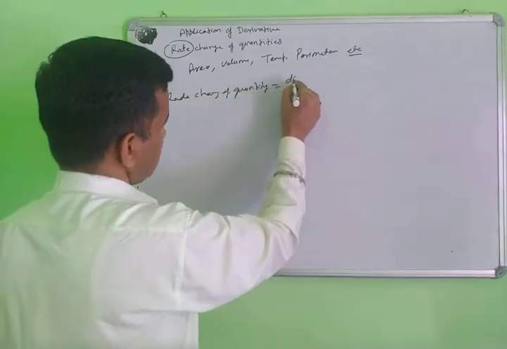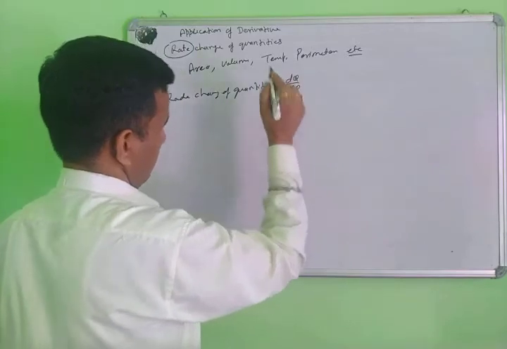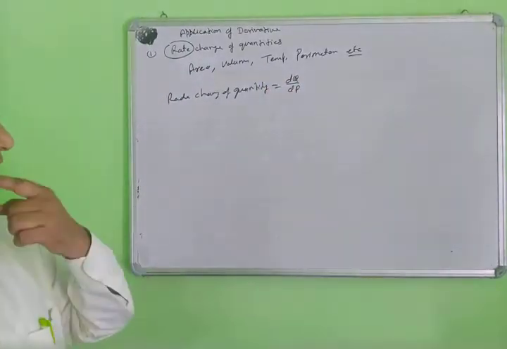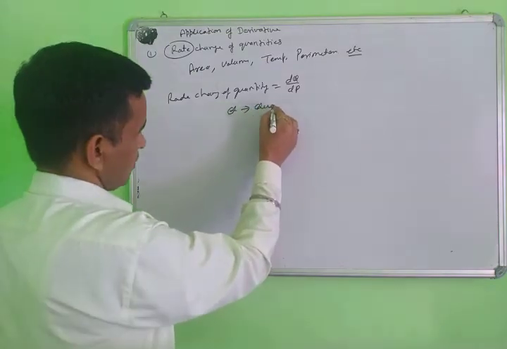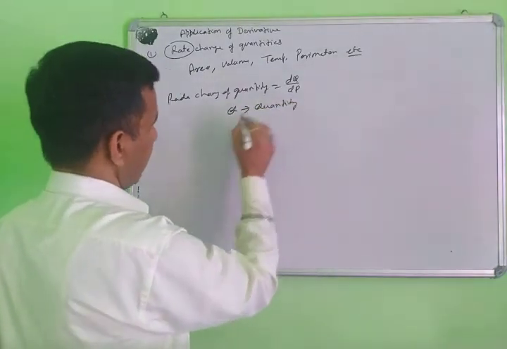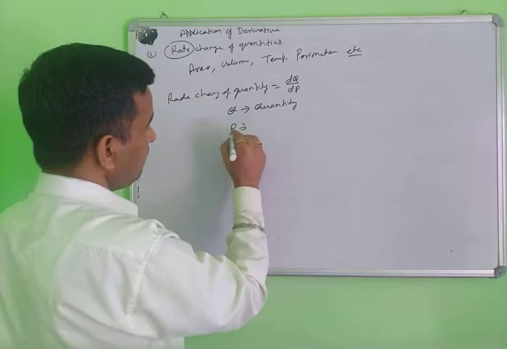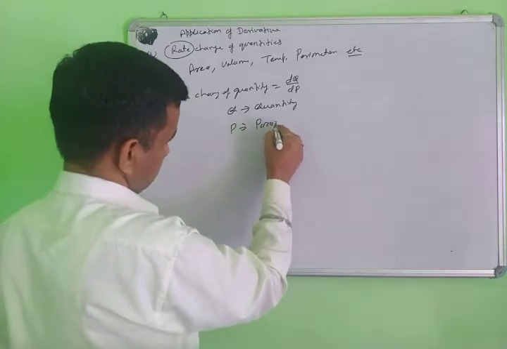This is called dq over dp. What is Q here? Q represents the quantity, and P represents the parameters.